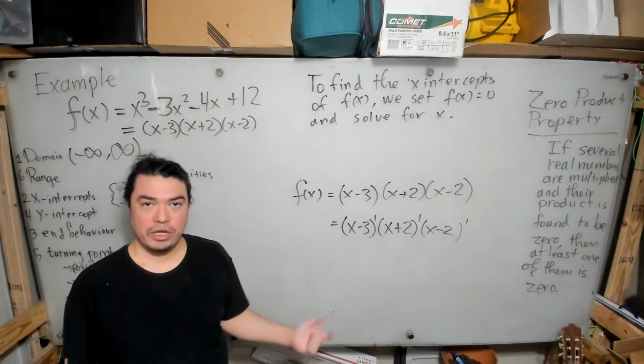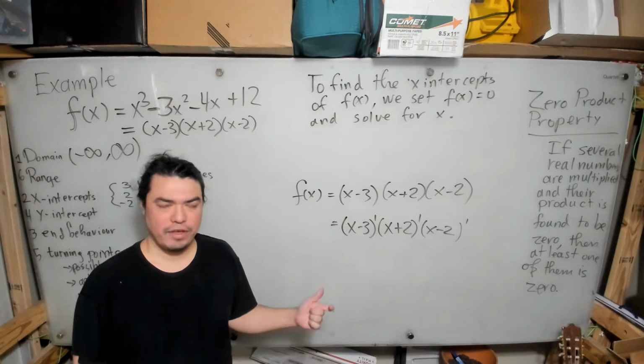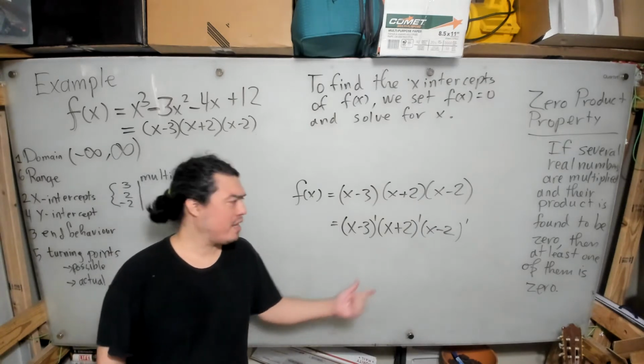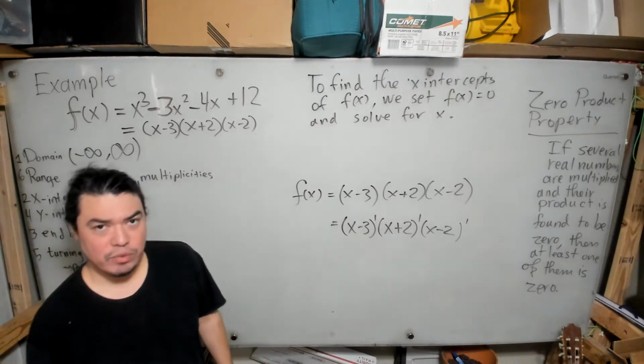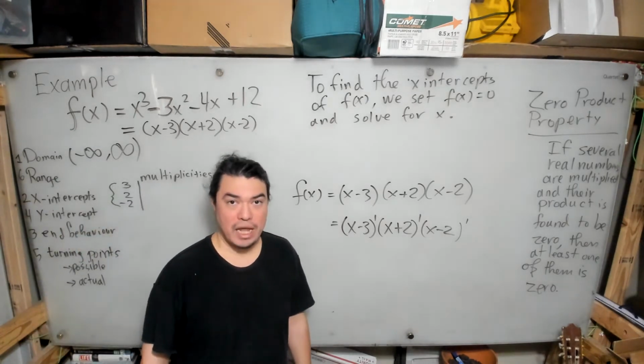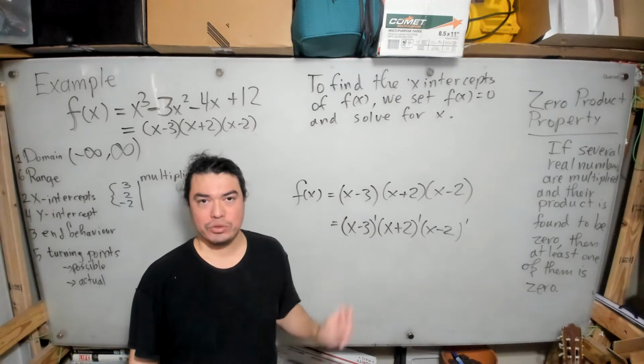And if the multiplicity of that factor is even, then the zero associated with that factor will be a place where the graph bounces or touches.